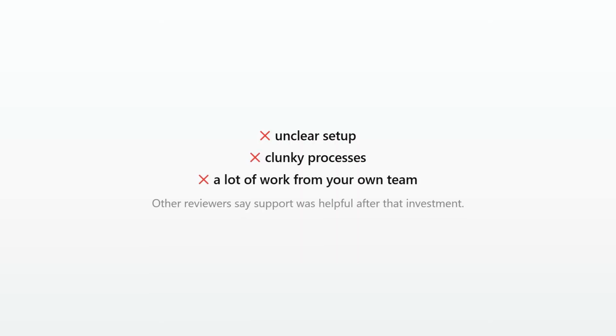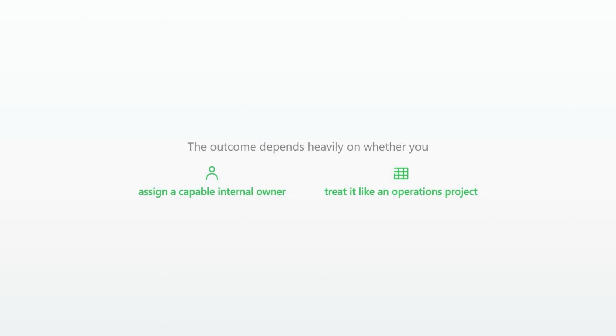Other reviewers say support was helpful after that investment. So I would not say Aspire has bad support, and I would not say it's easy either. I would say the outcome depends heavily on whether you assign a capable internal owner and treat implementation like an operations project.